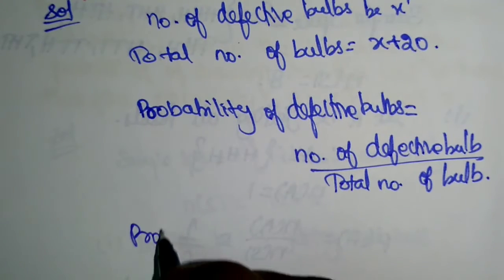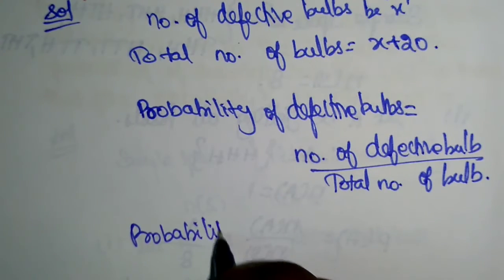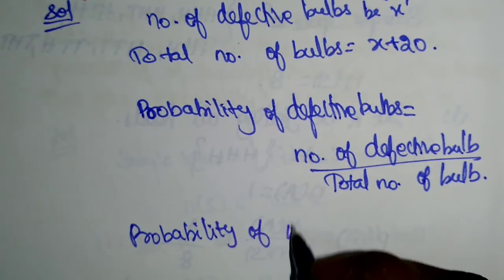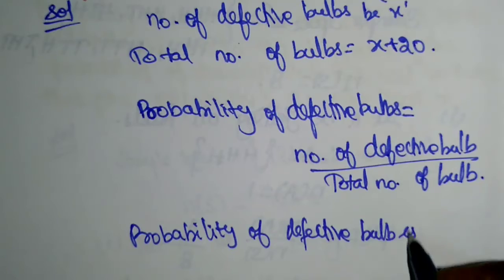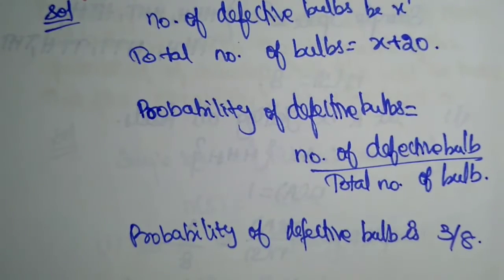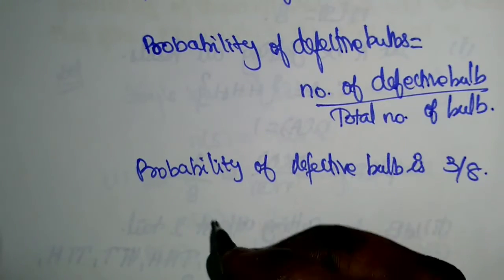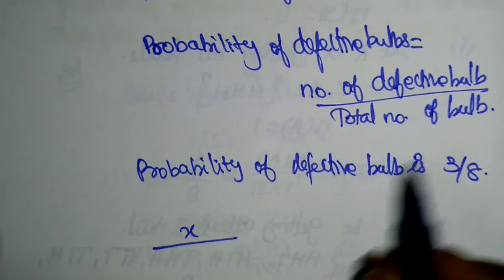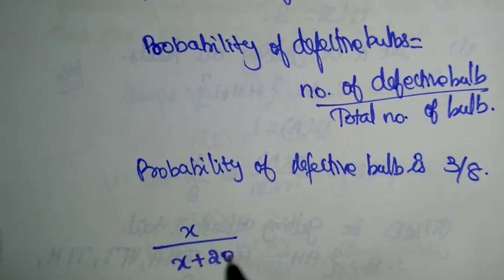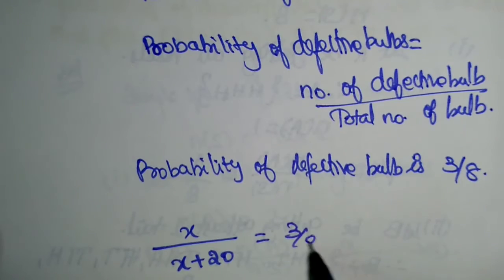So the number of defective bulbs is x and the total number of bulbs is x plus 20, and the probability of a defective bulb is equal to 3 by 8.